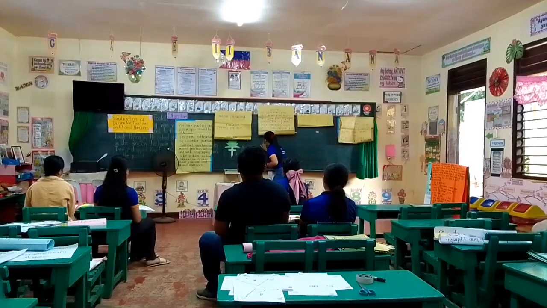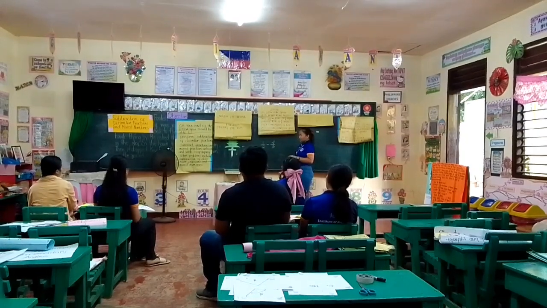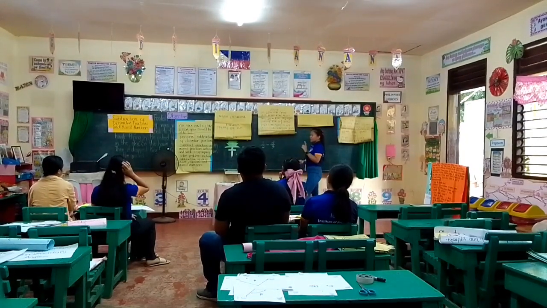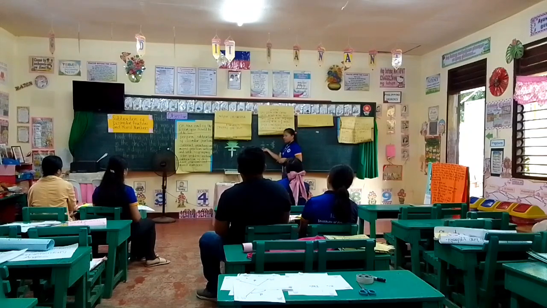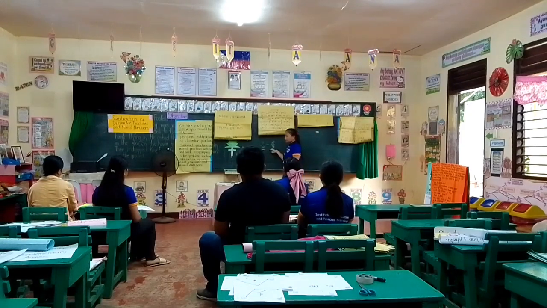For example, 1/2 minus 2/3. These are examples of dissimilar fractions, because they have different denominators.